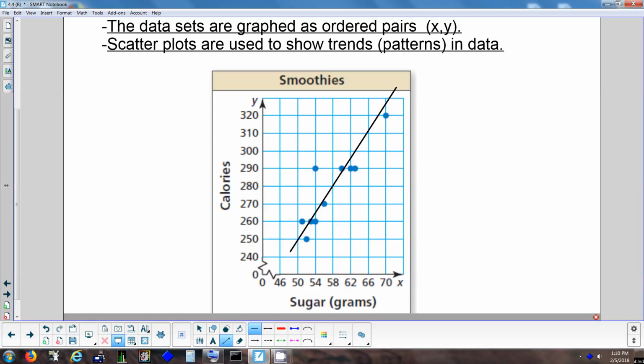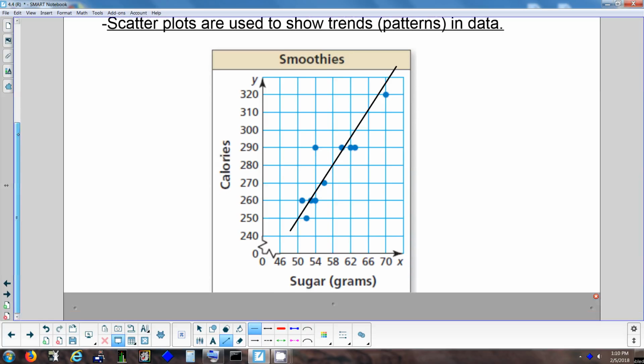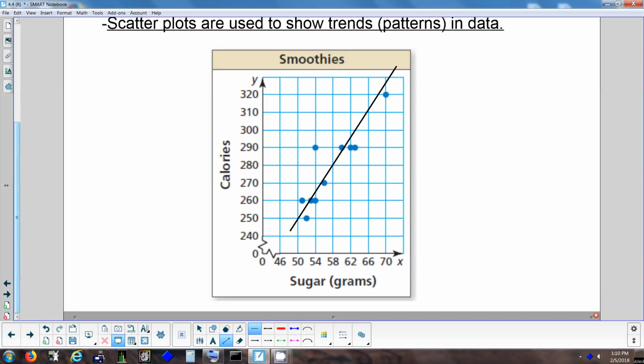Okay, they're not super random. They kind of lie along the line. That's what we're looking for. That's called a trend. Sometimes the line might go up, sometimes it might go down. What we mean by the pattern is to look for all the dots to be, like Ms. Hager said, either all in the same area going up, or all in the same area going down.